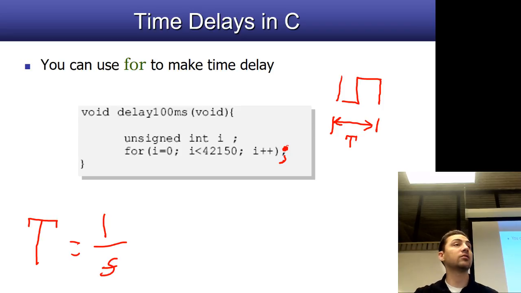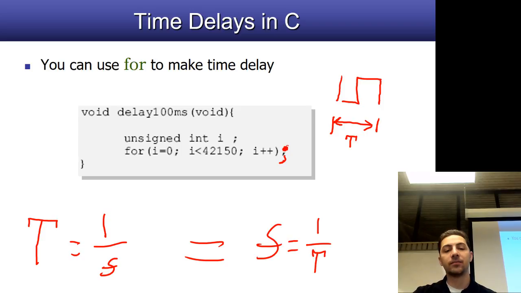Frequency is in hertz, cycles per second. And obviously you can rearrange this. The frequency is 1 over the period. So if I ask you how long something takes in seconds, you need to first figure out what the period is.